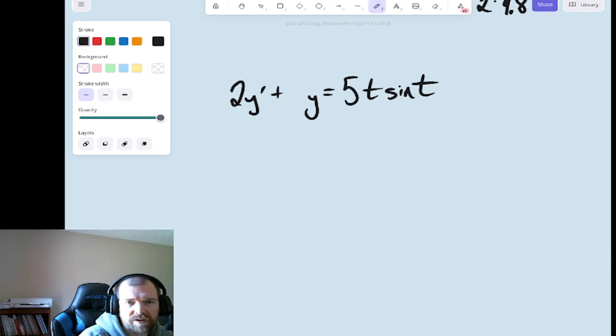Talos already answered this, but whatever, it's cool. So the method here that we're looking at is undetermined coefficients.